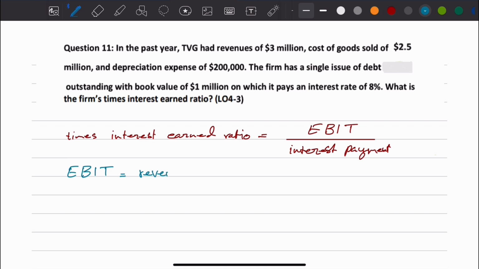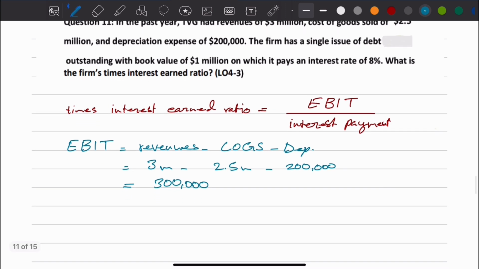It's going to equal revenues minus cost of goods sold minus depreciation expense, which is going to be 3 million minus 2.5 million minus 200,000. And that's going to be $300,000.